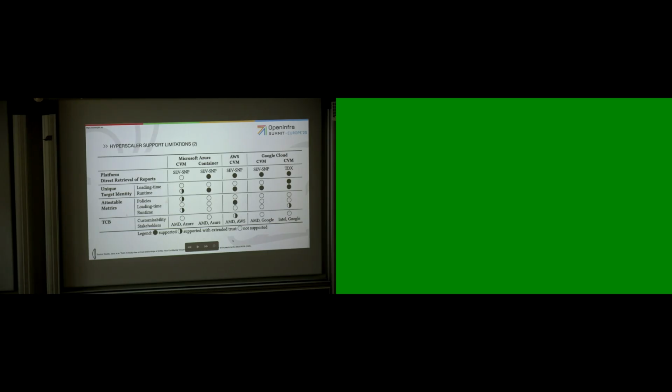Again, you're not always able to pre-calculate the expected measurements because you don't know how they are implemented. And that is a problem for basically all of them. So it's quite patchy. Ideally we want to have all those circles black, but they're not.